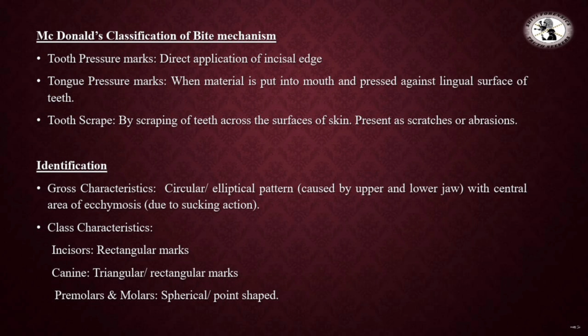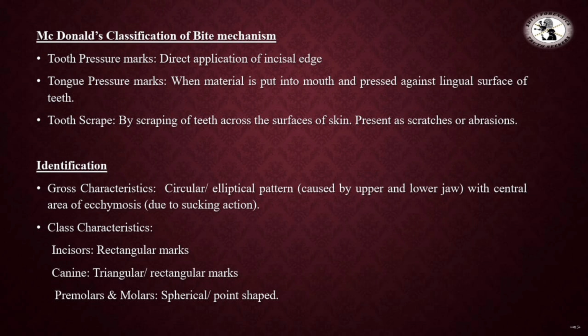Identification of a bite mark is mainly based on gross characteristics, class characteristics, and individual characteristics. Gross characteristics means the circular or elliptical pattern which is caused by the upper and lower jaw with the central area of ecchymosis due to the sucking action.